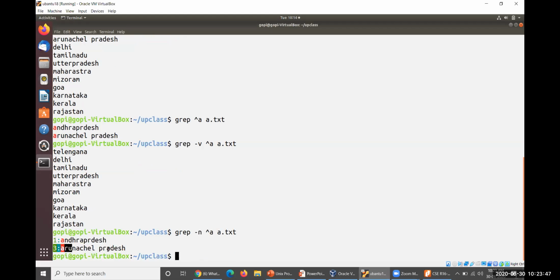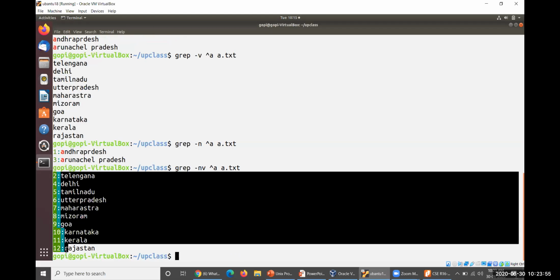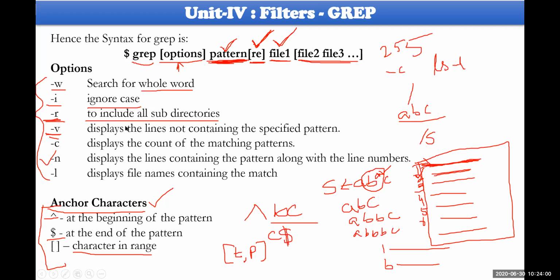Not containing, in this sense, is -nv, so all the remaining lines with the line numbers. This could be operated by using these options, and you may be given some exercise on grep using all these operations.